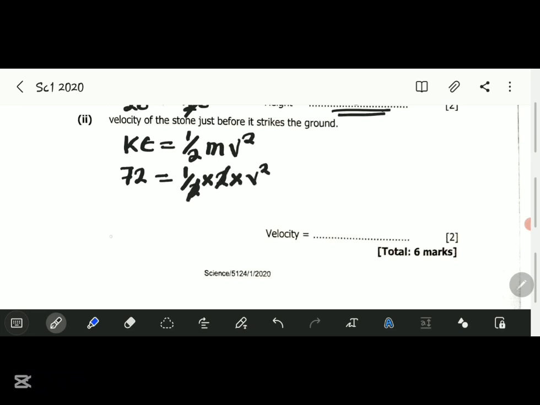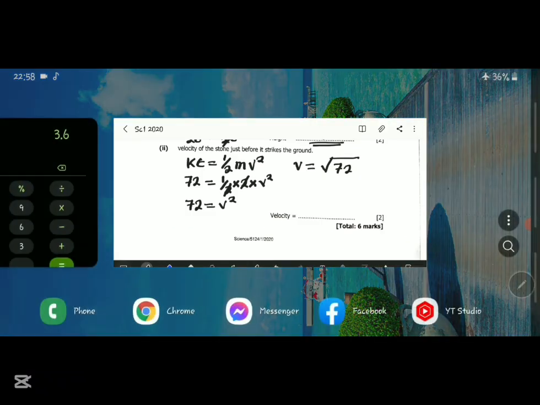So 2 there and 2 there, we have 1 multiplied by v squared. So 72 is equal to v squared. So v is equal to the square root of 72.